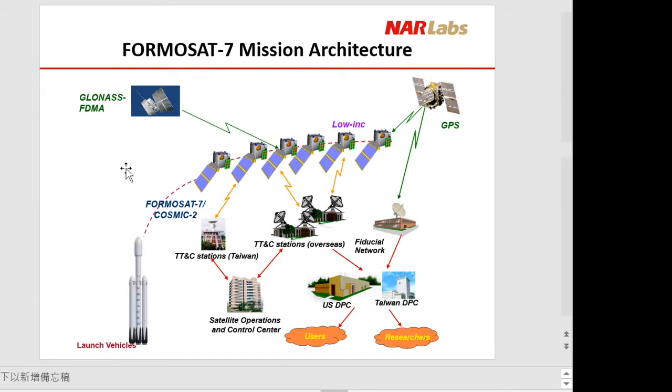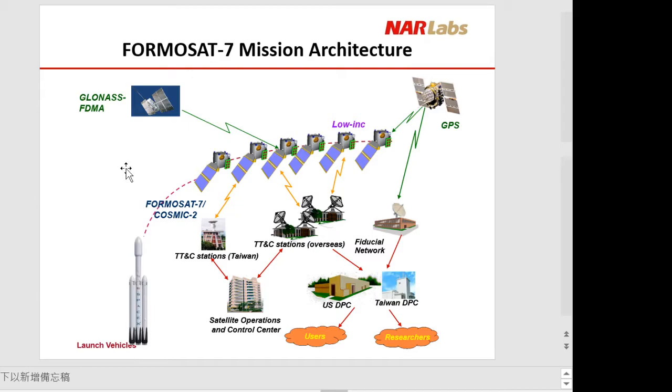The payload on board the Formosat-7 satellites can collect the radio occultation signal from GPS and GLONASS FDMA. Once the satellite has collected the data, it's sent to the TT&C station on the ground. I will show you how many ground stations we have afterwards.